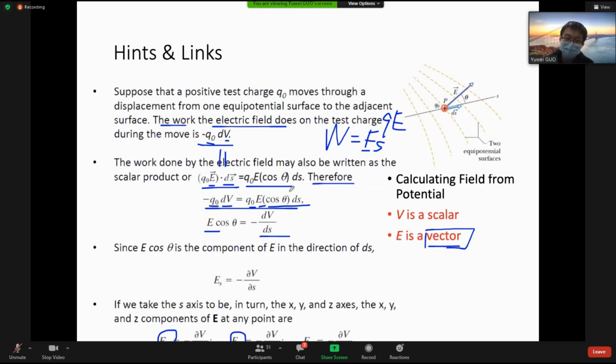Actually, no. F equals Q times E. This is a force, and this is an electric field. No, not integrate. I mean, E equals dF over dQ.